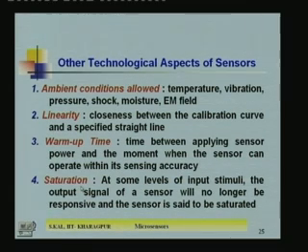At some levels of the input stimulus, the output signal of a sensor will no longer be responsive, and the sensor is said to be saturated. If you go on increasing the input stimulus, the output increases, but after a certain limit the output may not increase, that is the saturation level it has reached. So, that is the normal definition of saturation, which is also a technological parameter of a sensor.